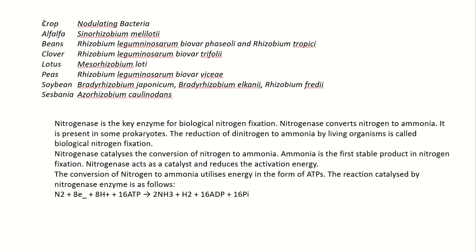Here I have given certain crop species and nodulating bacteria. So you have to remember these: lotus, bean, clover, peas, generally peas and soybean and Sesbania. For example, peas: Rhizobium leguminosarum.